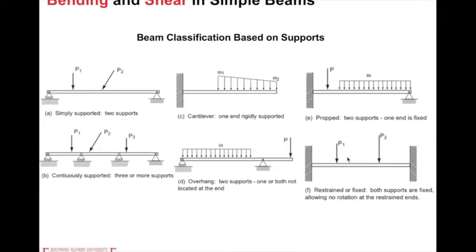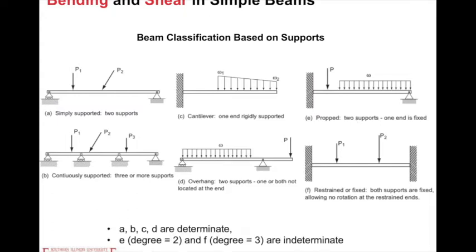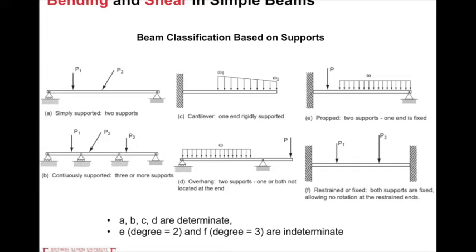And E and F are indeterminate beam types. The degree of E is 2 because the right side has the pin joint, that's 2 constraints, x and y direction, no moment, and the left side is the fixed end, which has 3 constraints.